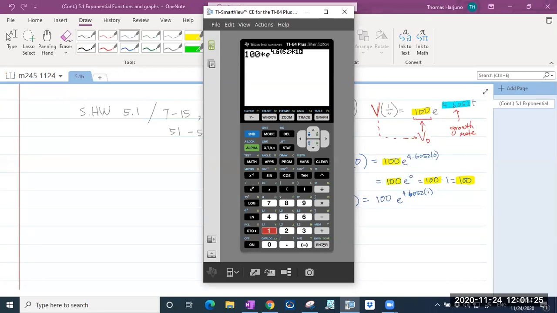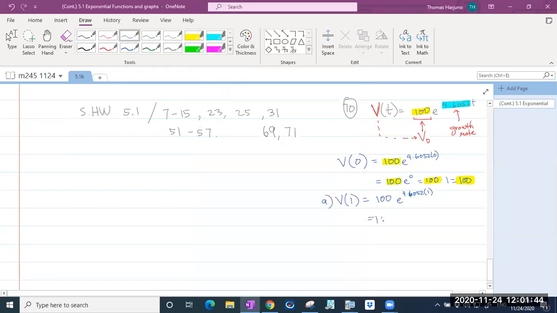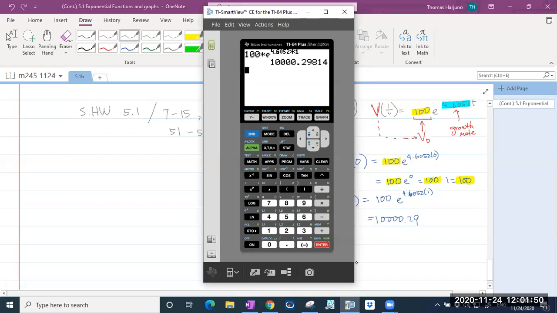That's for my calculator, but your calculator may be different. So in 1 hour, we get more than 10,000 computers actually infected in just 1 hour. So 10,000.29814.